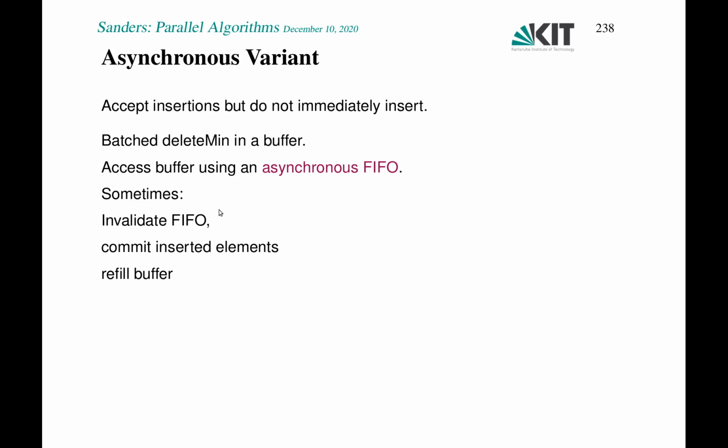And we also have to think about how inserted elements and the buffer will be accommodated. So maybe periodically we would commit the inserted elements, insert them into the local queues, and then merge the smallest elements from the local queues into the buffer, something like that.